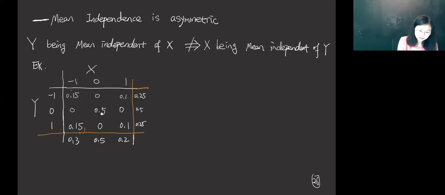To do so, let's just calculate the conditional mean of y given x equal to each of the values. For the conditional mean of y given x equals -1, we simply look at the first column. As you can see, the first column gives 0 probability to 0 and equal probability to -1 and 1. So the conditional mean should be 0.